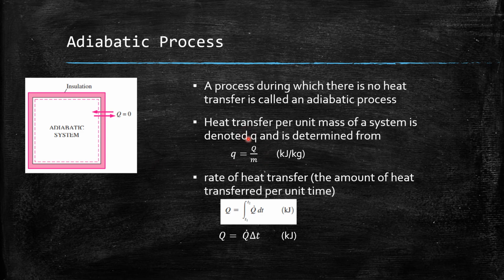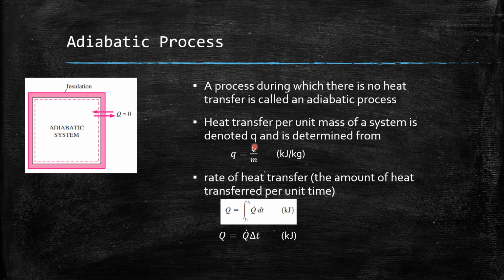And as a form of energy, heat has energy units, kilojoule. The amount of heat transferred during the process between two states, for instance, between states 1 and 2, is denoted by Q, big Q, Q12, or just big Q. So the heat transfer per unit mass of a system is denoted by this equation.